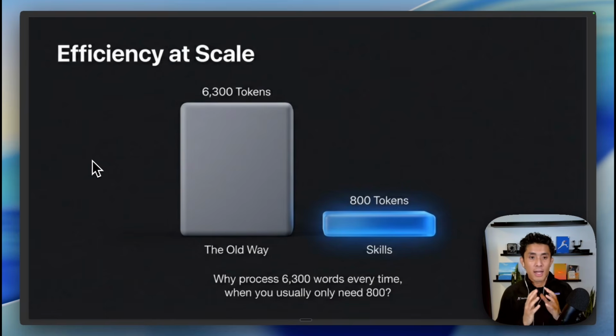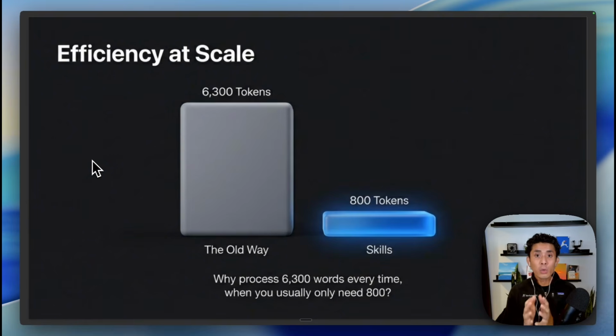So if we think about a task that would take 6,300 tokens, now with skills, it'll only take 800. And if you don't know what a token is, because I didn't either, essentially just think about it as the amount of compute power required to complete a task.